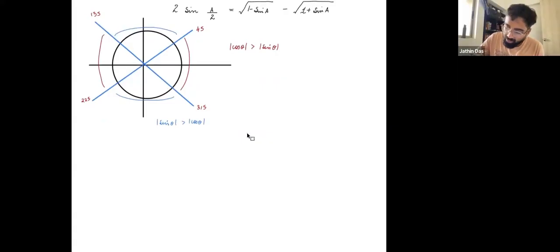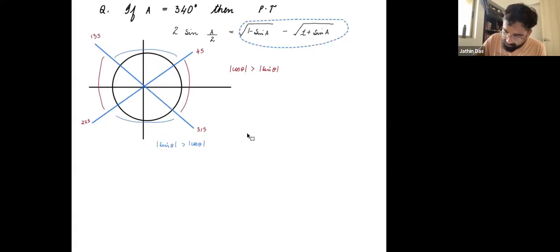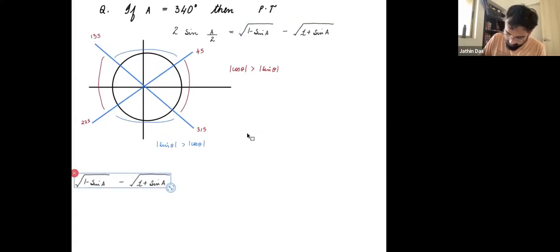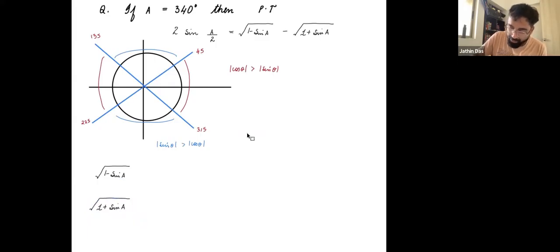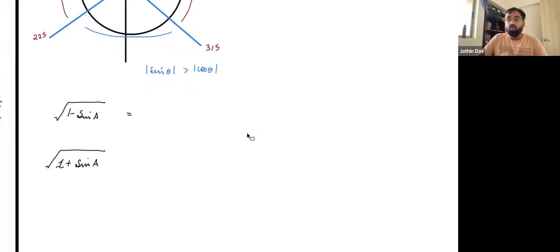Now, I will take the right hand side first. We have to subtract it. First, we will see what it is separately. 1 minus sine A. Can I write it as cos A by 2 minus sine A by 2, the whole square?